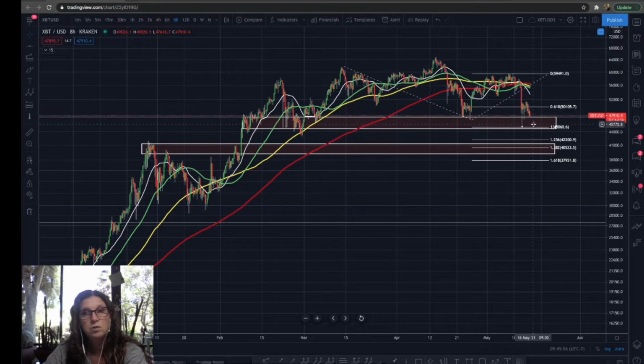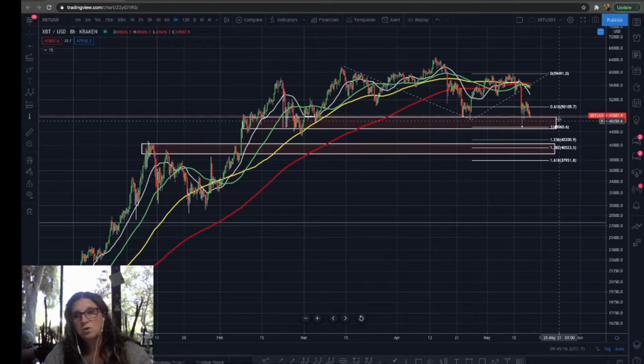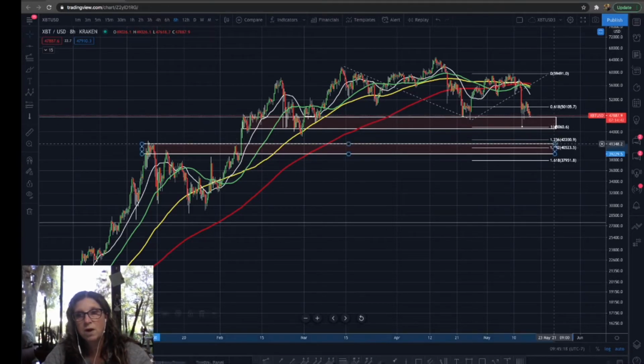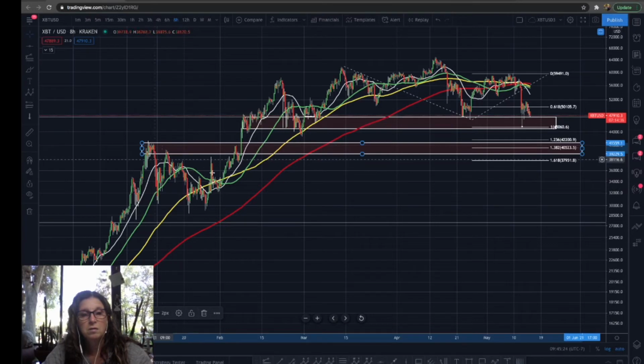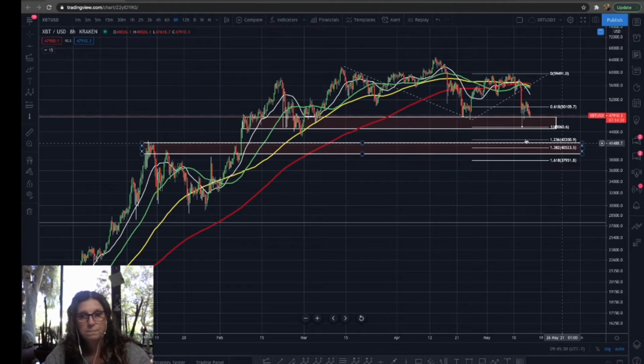I do feel we have a good chance of breaking through this. I already pulled the targets. The next support is coming in right here at the top of this support, which just so happens to be coming right into the targets that I'm looking at.